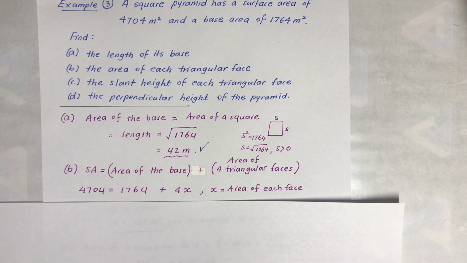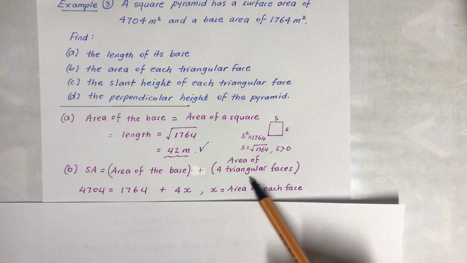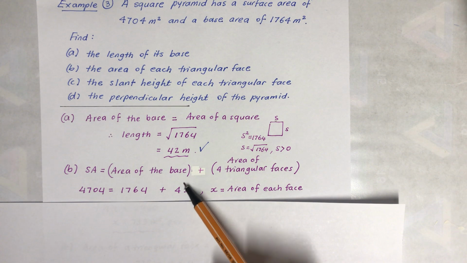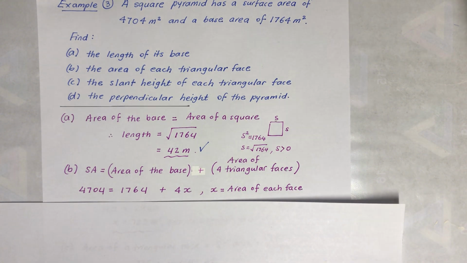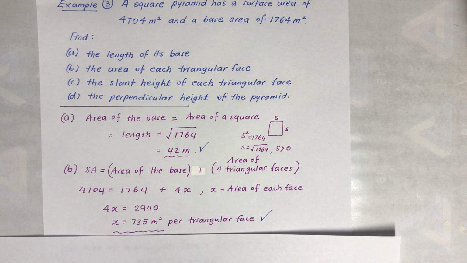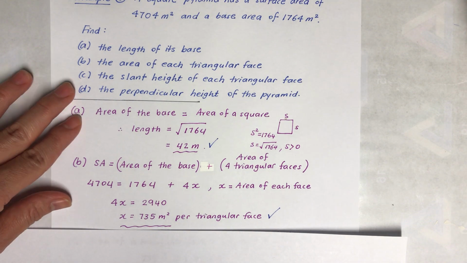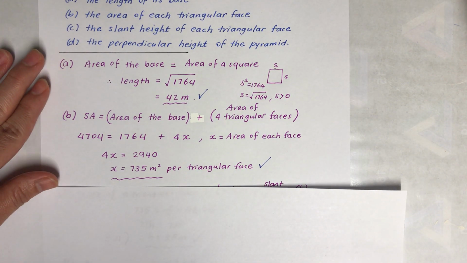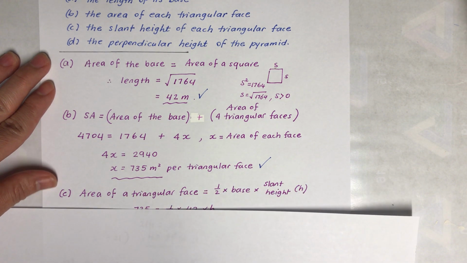We got the surface area as 4,704 equals the area of the base, which is 1,764, plus 4 of the triangular faces. If I put X as the area of each triangular face, we can just find X, which is a simple equation. And X will be 735 meters squared per triangular face.